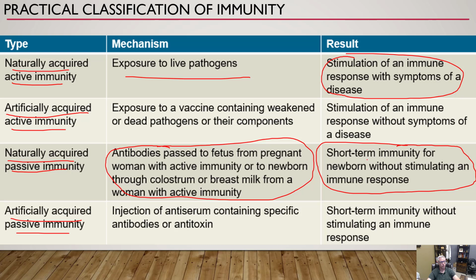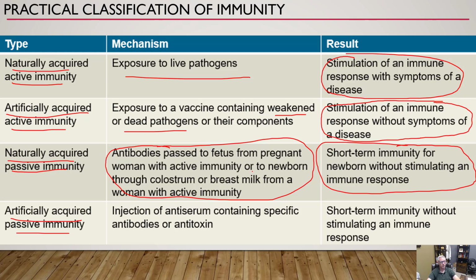They don't stimulate an immune response. Artificially acquired active immunity is typically vaccines. We were given a vaccine that contained a weakened or a dead pathogen, and that's going to kick up our immune system without giving us any signs or symptoms of the disease.